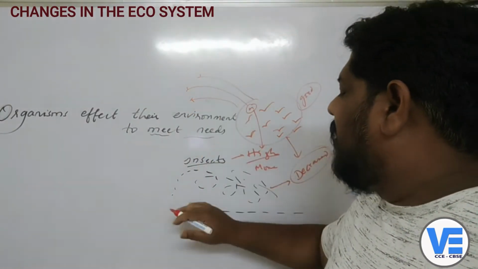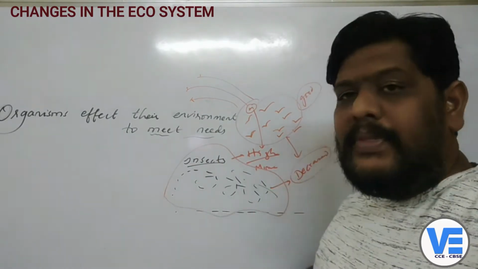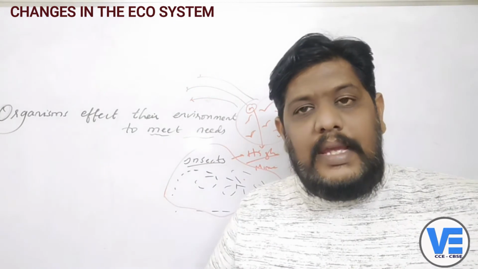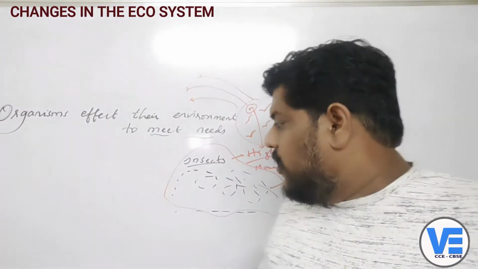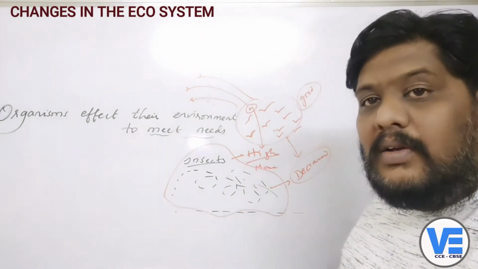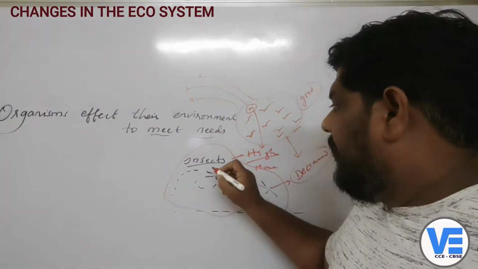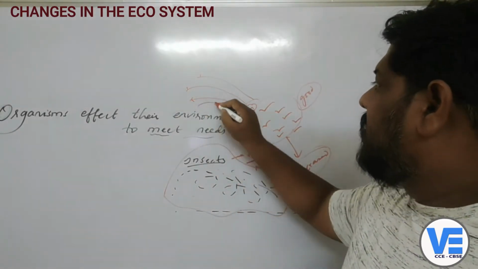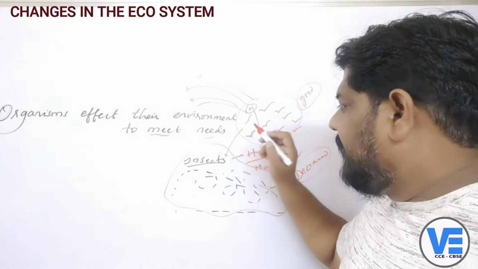So now the insects, whose number is very low, have a very good chance to increase in number, so that will be balanced. When the number increases, the birds' number will also increase, and again these birds will start eating the insects.